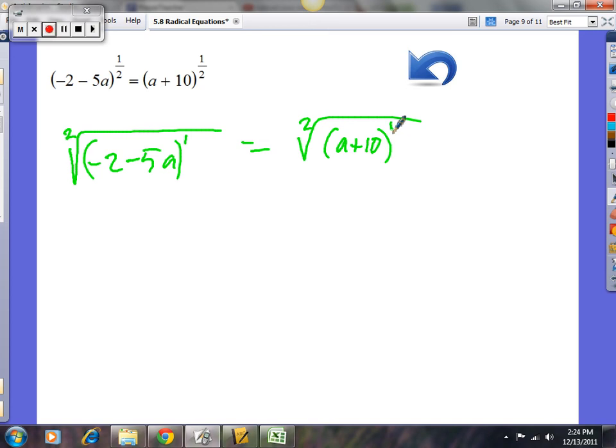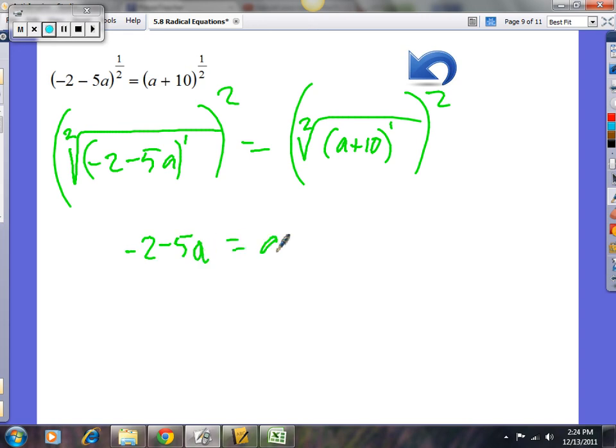Now, how do you undo these? You square them. Square this side. Square this side. So basically you just clean off everything and leave the number. So you just got negative 2 minus 5a equals a plus 10. What side do you want to get your a's on? This side, the right side?